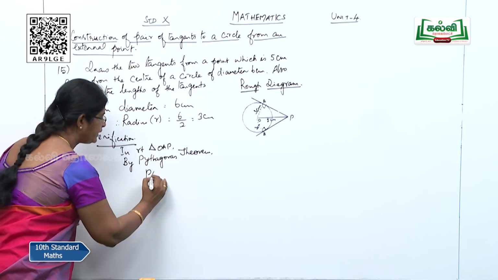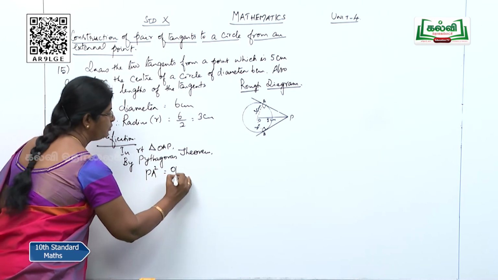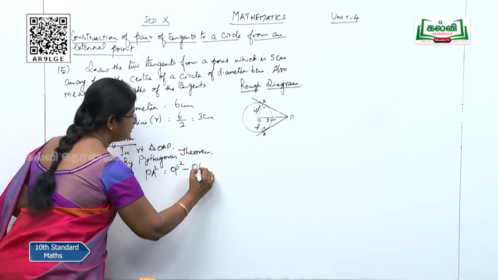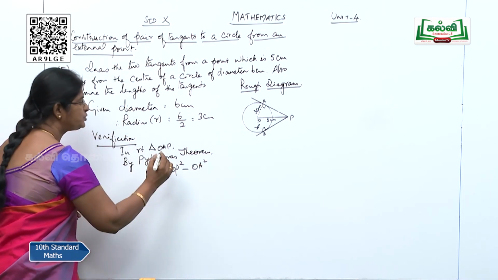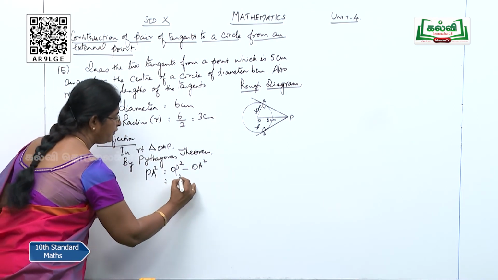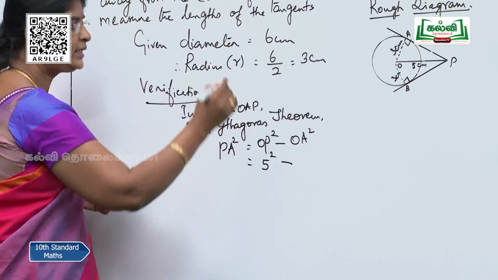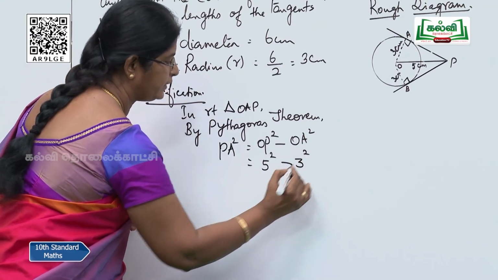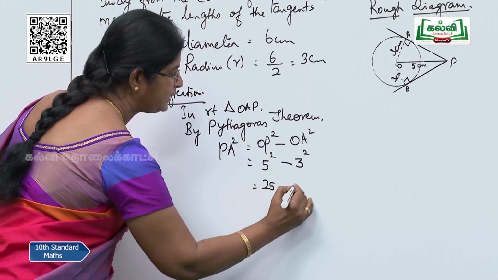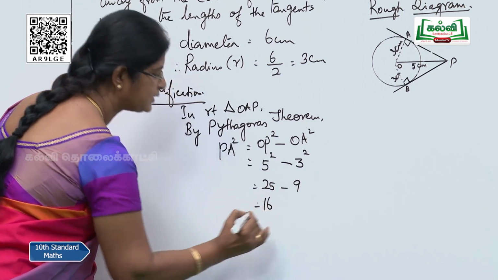So PA square is equal to OP square minus OA square. What is your OP? That is 5, 5 square. OA, the radius, is 3, so 3 square. 25 minus 9, which is equal to 16.